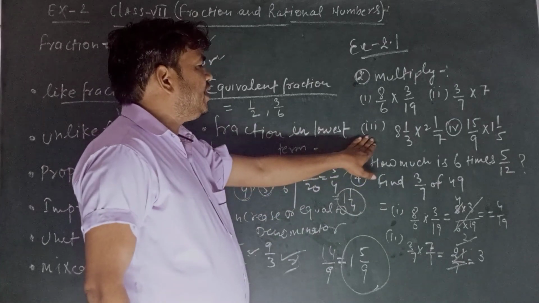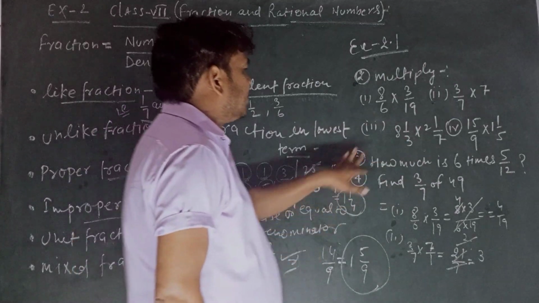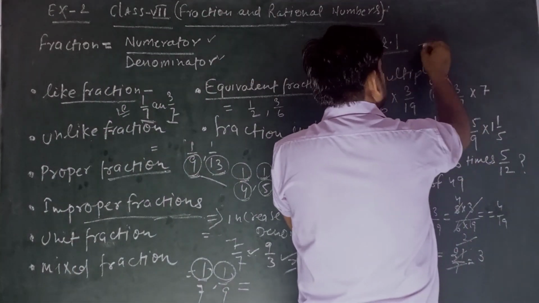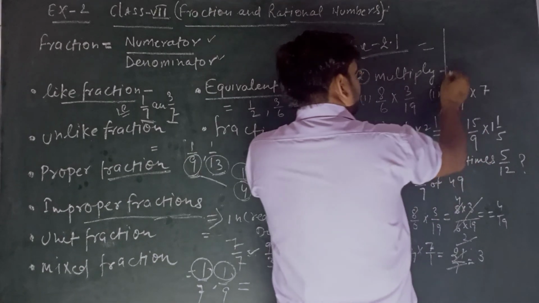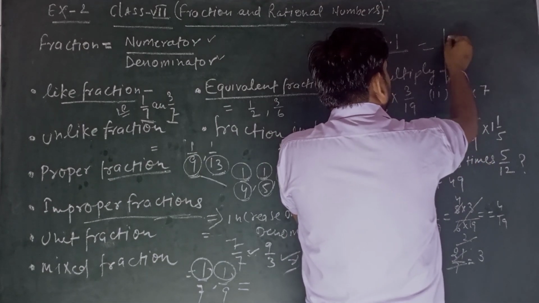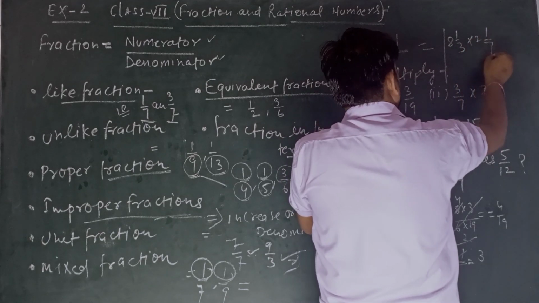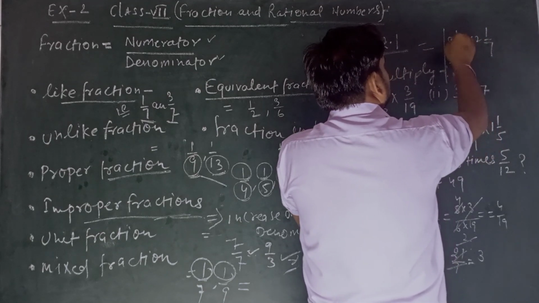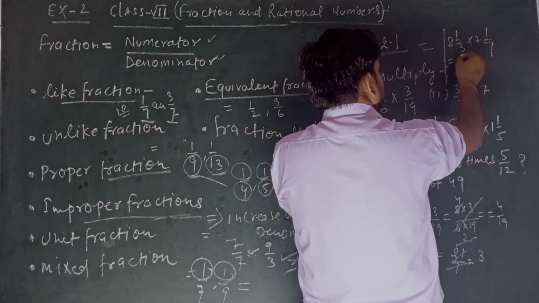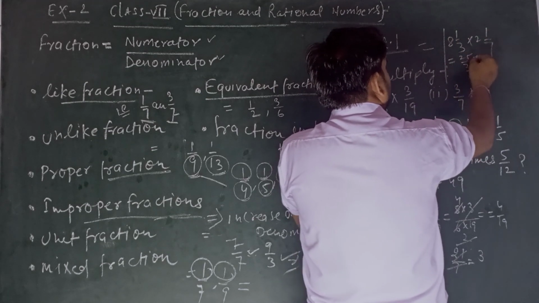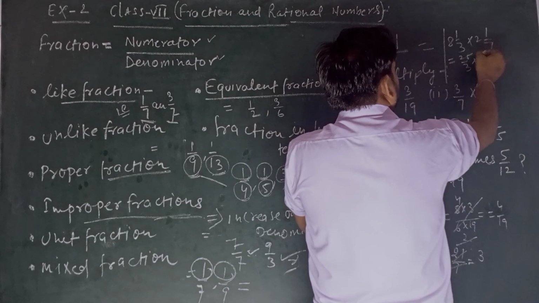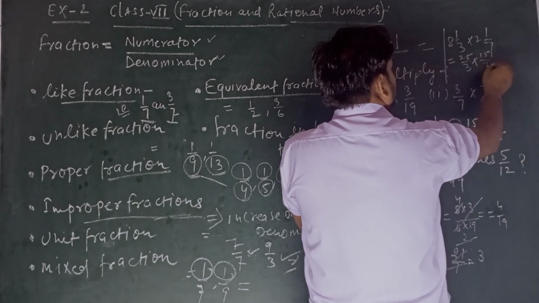And after that we take question number 3. First, question number first. Make a simple form, 8 1/3 multiplied by 2 1/7. So 3 eights are 24, plus 1 is 25/3, multiplied by 7 twos are 14, plus 1 is 15/7.